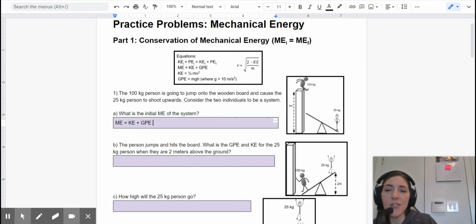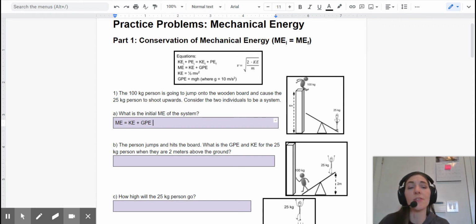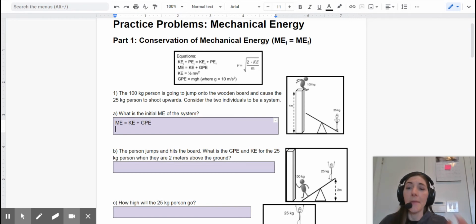Okay, so here's where we have to think about these two individuals as a whole. Mechanical energy equals KE plus GPE. KE is where you have a velocity, and initially no one's moving, so there are 0 joules of KE in this system. Now GPE depends on how high someone is in comparison to an origin point or the ground.